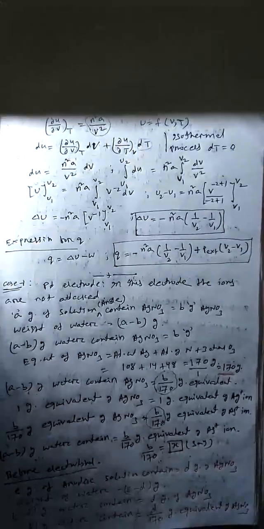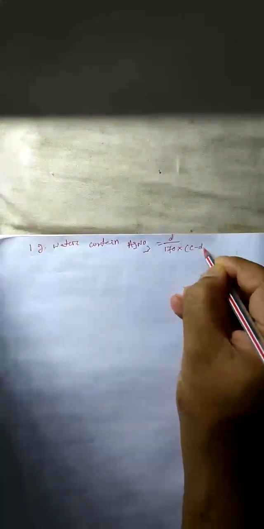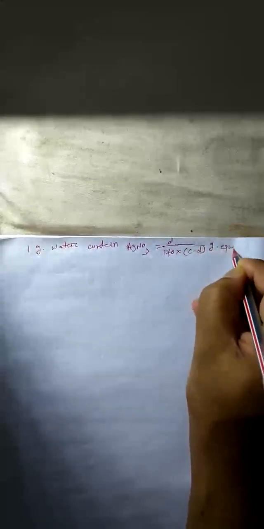Here it contains D by 170 for C minus D, so for 1 gram we divide by C minus D: D by 170 multiplied by C minus D, that many gram equivalent. So 1 gram of water contains that many gram equivalent of silver nitrate.